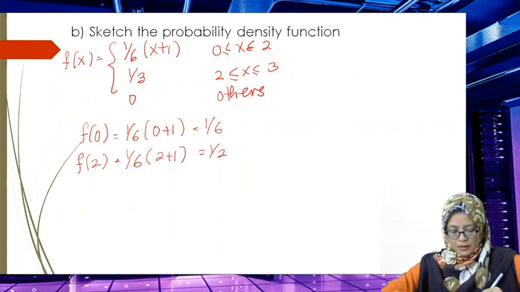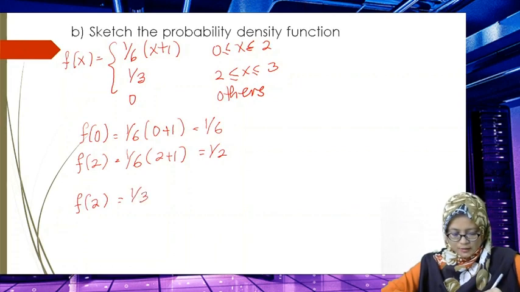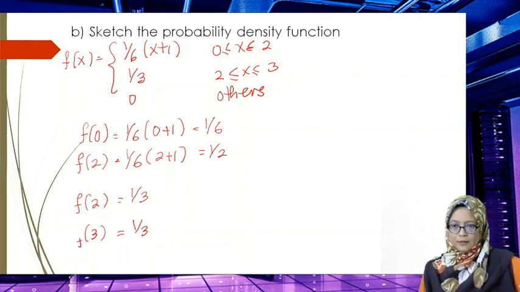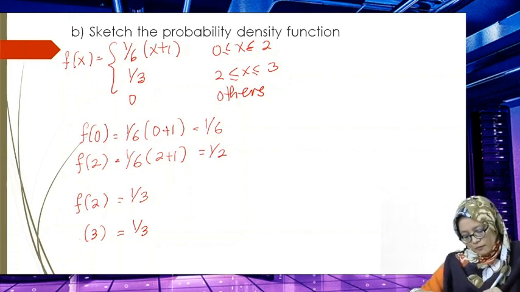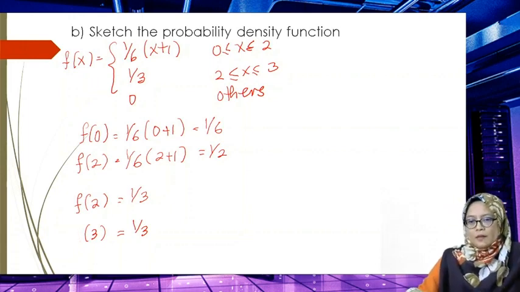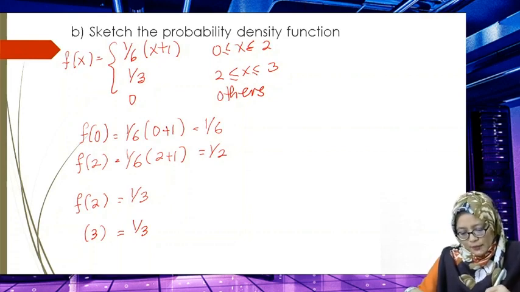Okay, so untuk second interval, ganti x2. So, interval 2 to 3, so kita akan ganti x2. So, nilai dia 1 over 3. So, ganti x3. So, nilai dia 1 over 3 juga. Okay, so daripada nilai yang ada ni, kita akan sketch kita punya graf.